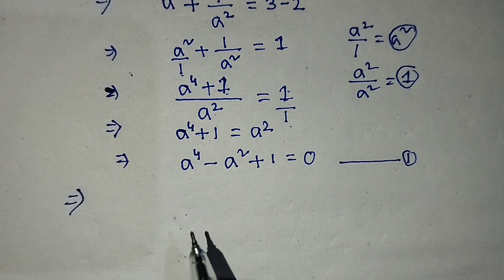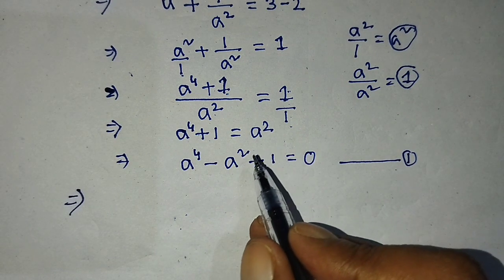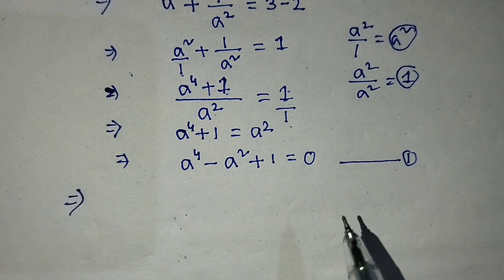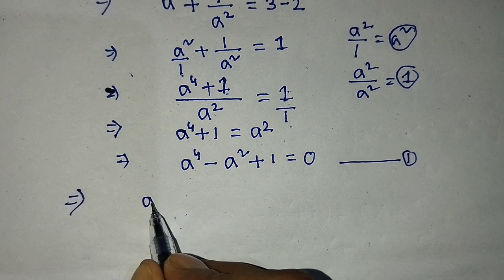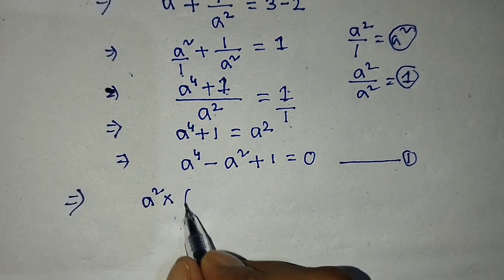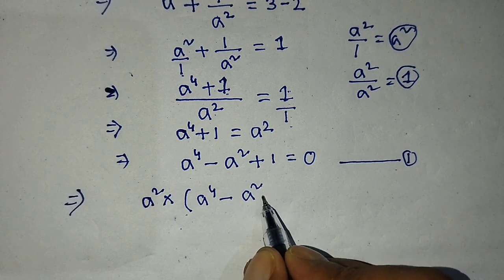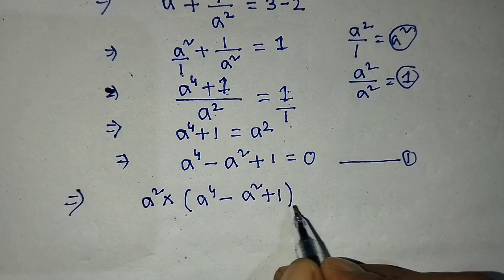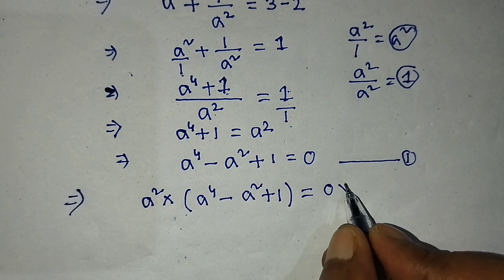Now we have to multiply the LHS and RHS of this equation by a square. So on the left hand side we write a square into (a to the power 4 minus a square plus 1) is equal to, on the right hand side we write 0 into a square.